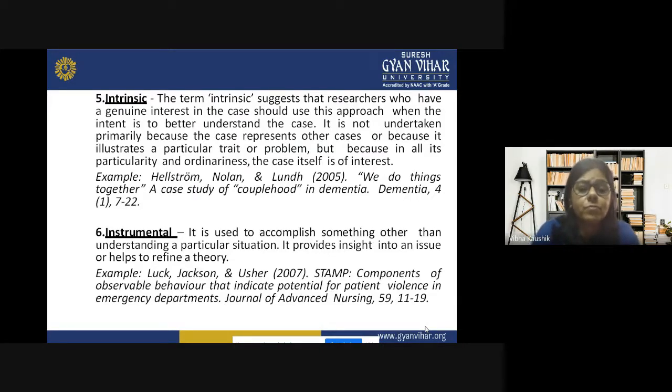Example: Luck, Jackson, and Usher 2007, STAMP, components of observable behavior that indicate potential for patient violence in emergency departments, Journal of Advanced Nursing.